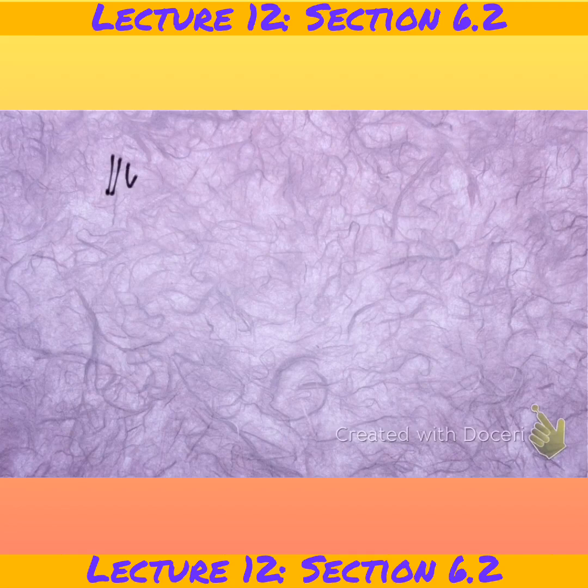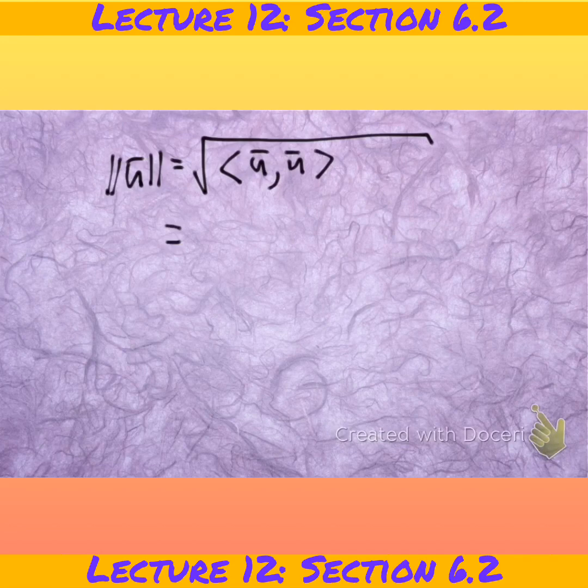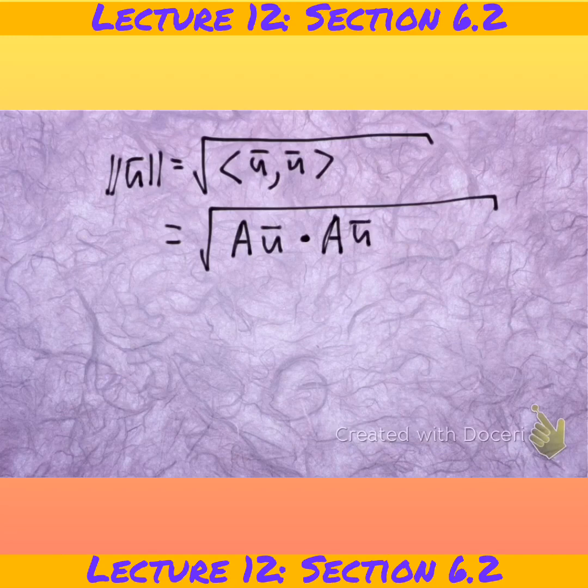So the norm of u, we know by definition, is the square root of the inner product of u with itself. Now the inner product was defined as the matrix A multiplied by this vector here, and then you take the dot product of that with the vector u.